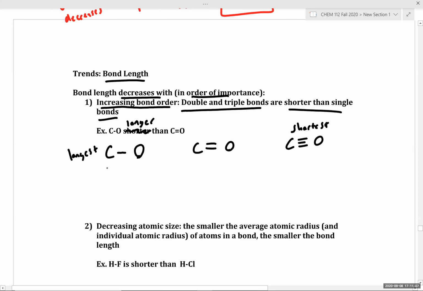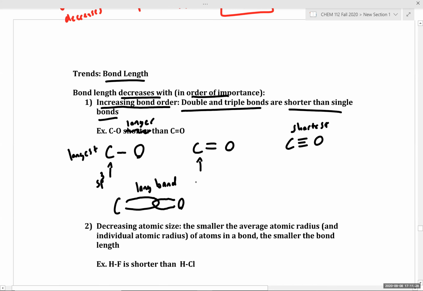And the reason for that, if we think about this from a hybridization perspective, if we have an sp3 hybrid orbital, we have a relatively long orbital, and as a result, that orbital overlap leads to a relatively long bond. The orbital extends farther from the nucleus.